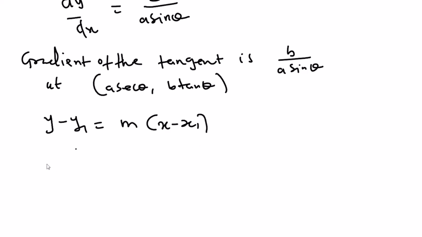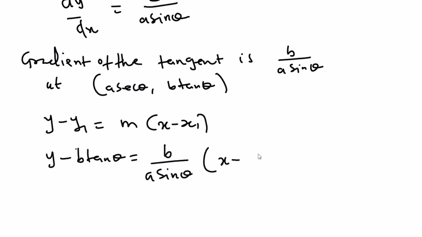Okay. Now this is the point, and we have the gradient here. So you have y minus b tan theta being equal to the gradient, b on a sine theta, then x minus x1, which is a sec theta. Alright, still on it.